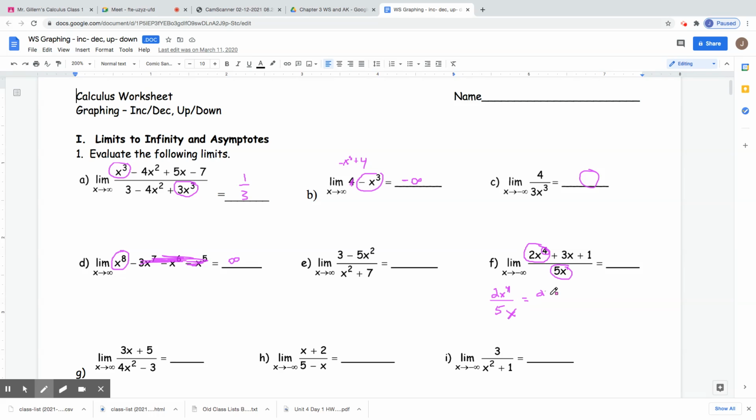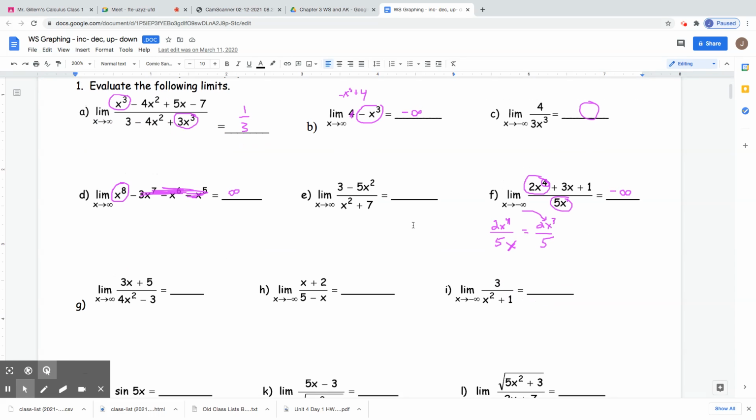So it's 2x cubed over 5. And now substitute in your negative infinity. A negative number cubed is still a negative number. Times a positive is still a negative. Divided by positive is still a negative. So it's negative infinity. All right. So those are the fractions.